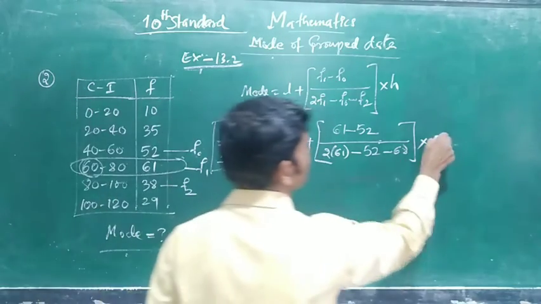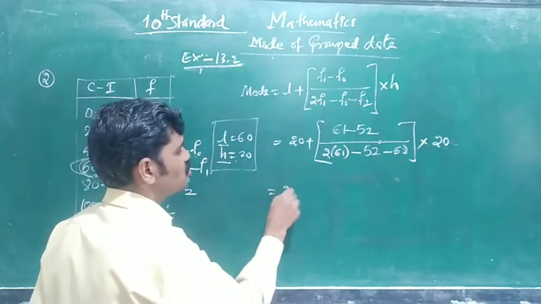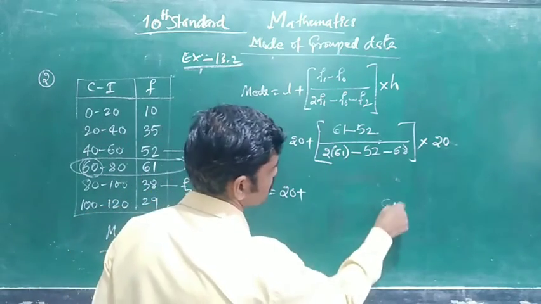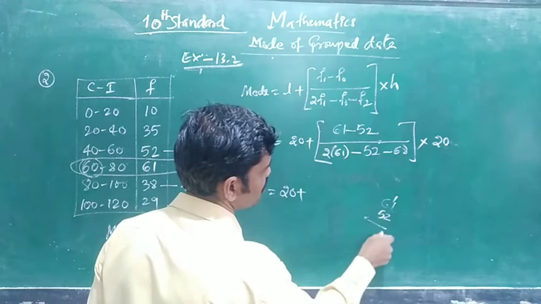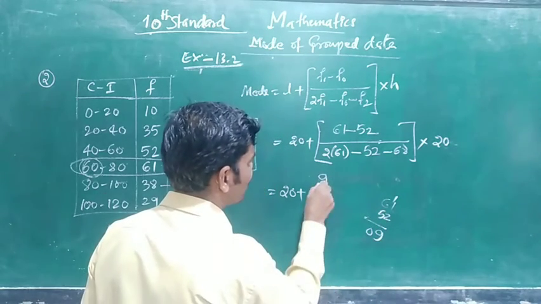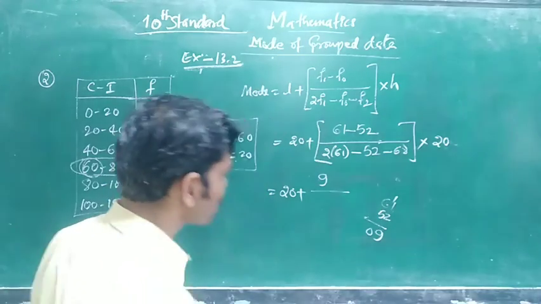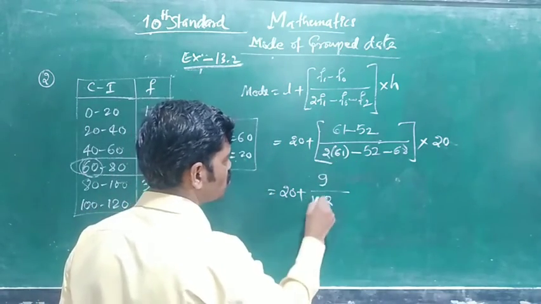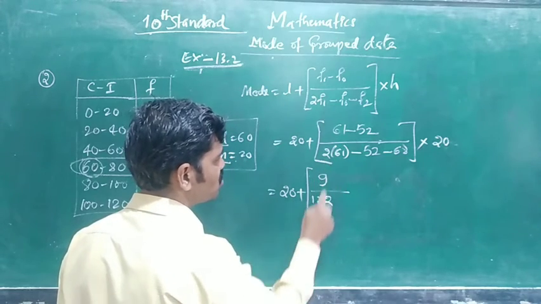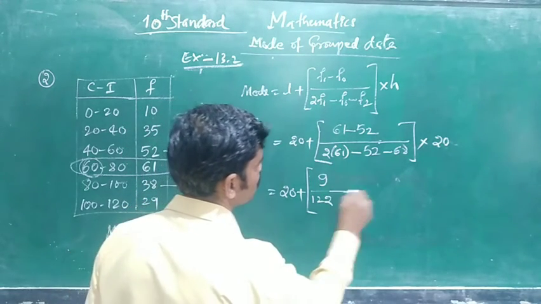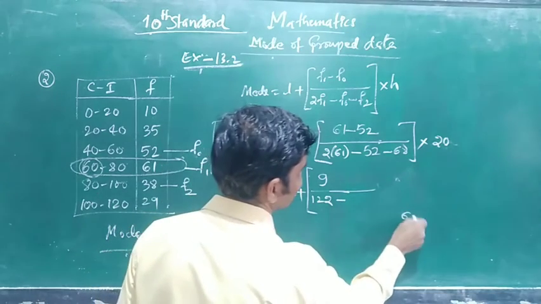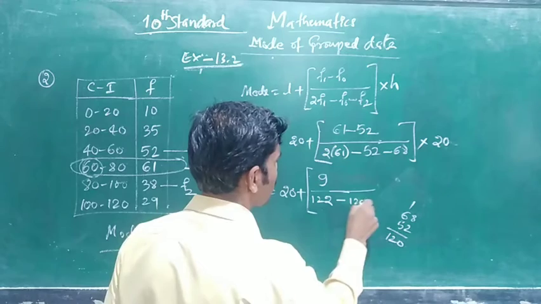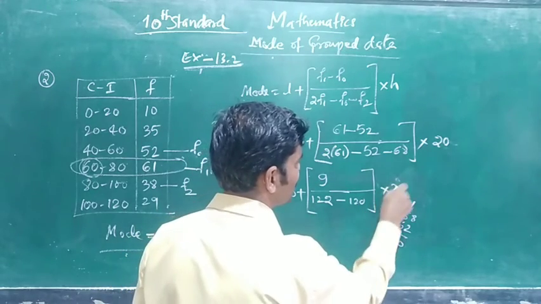H is 20. This is equal to 60 plus 61 minus 52, that is 9, divided by 2 into 61, that is 122, minus 68 and 52, that is 120, multiplied by 20.